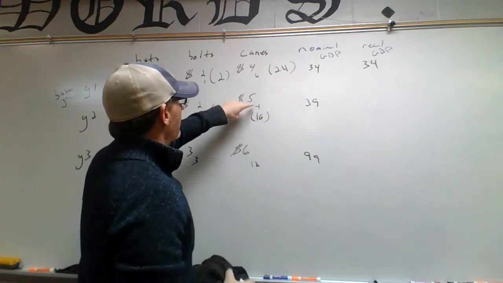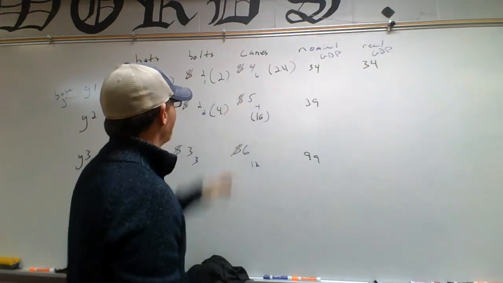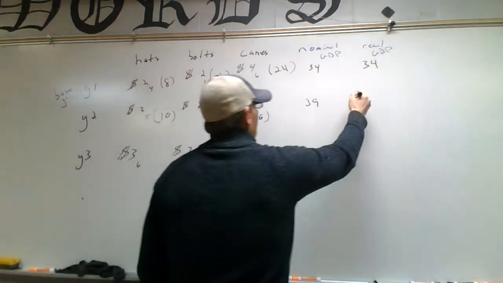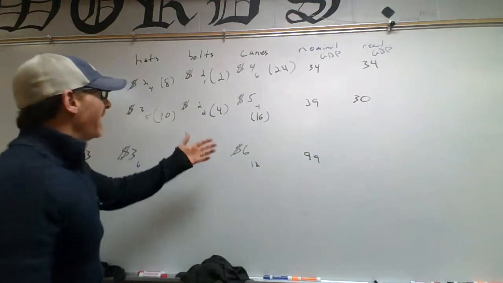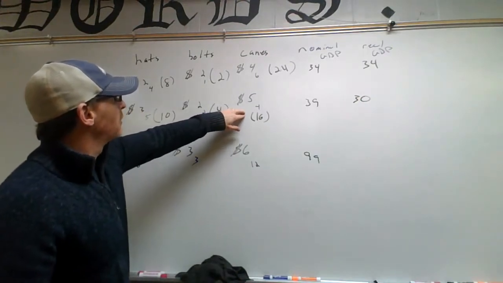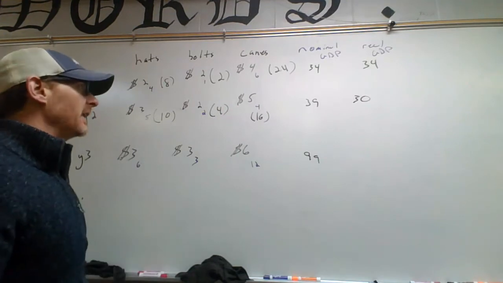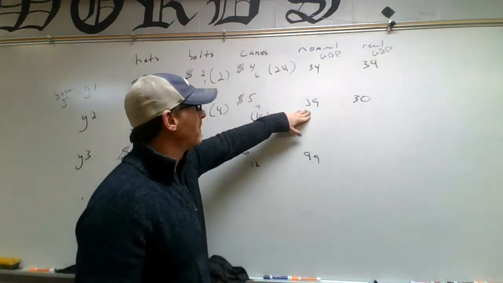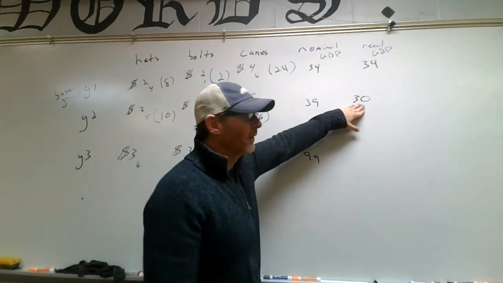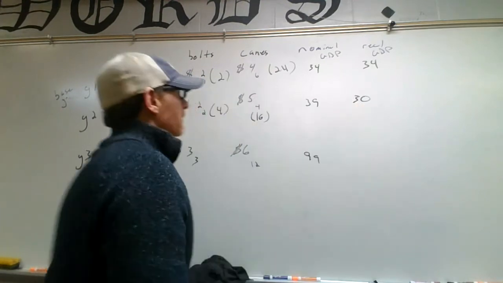And you can see that we literally made less stuff here. So this would be 30. So you can see we made less stuff, right? We made 2 less of this, which was more expensive. So our real GDP actually went down. Nominal went up, but real went down.